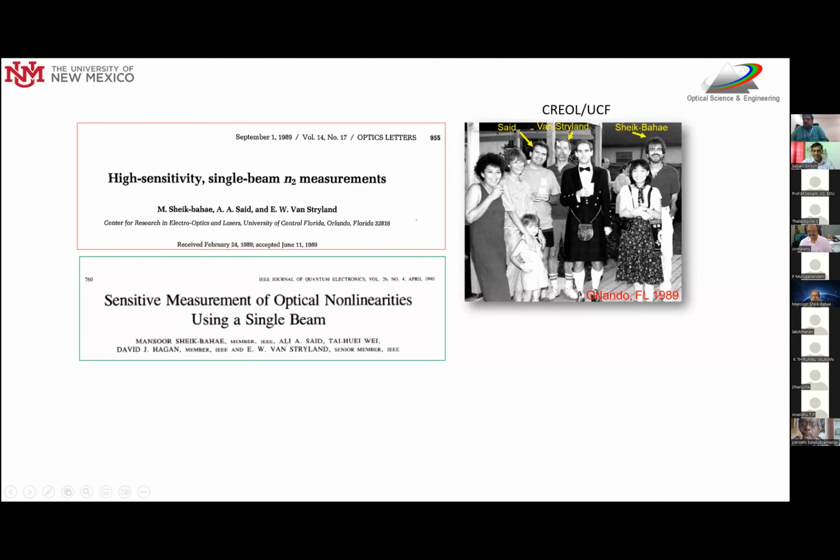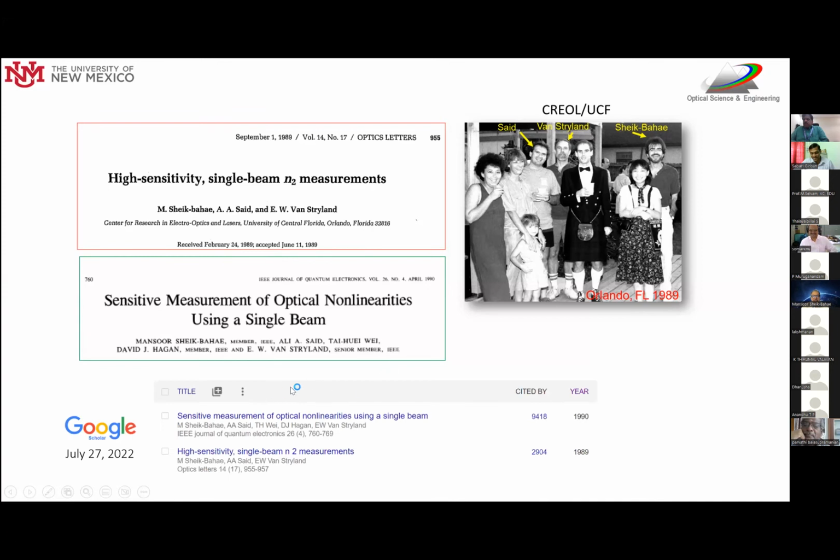That's Eric Van Strylen, and that's myself when we had a lot more hair and were less gray and much younger. But in any case, these two papers collectively have been cited a lot.